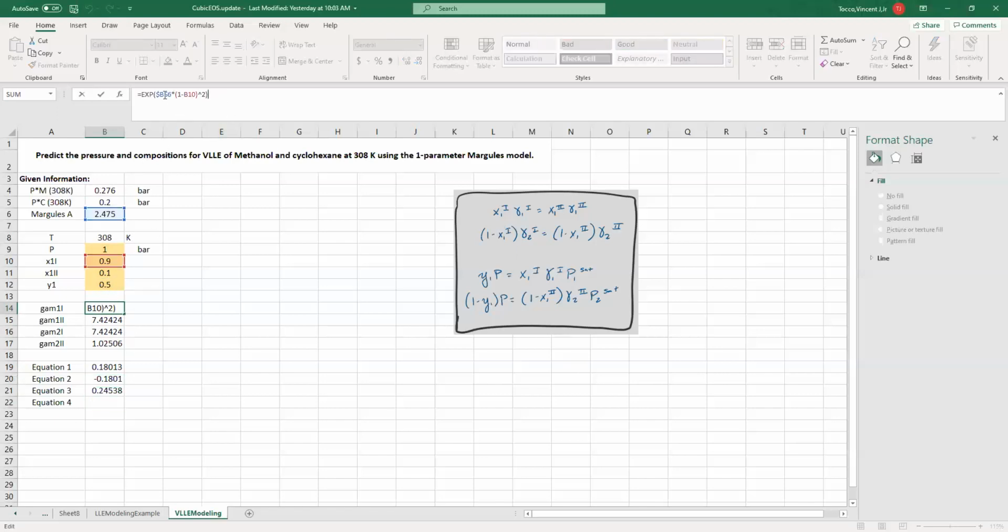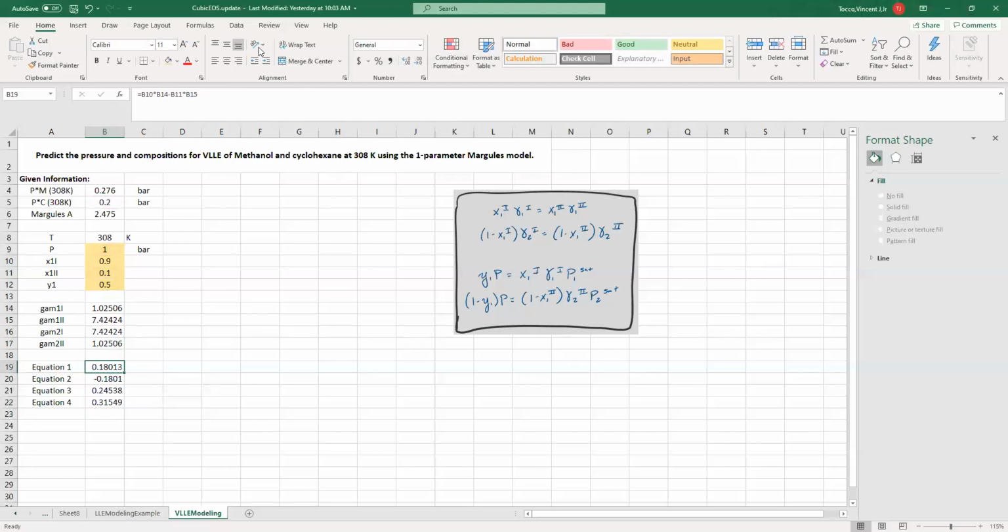I'm always dollar signing my Margules A. And equation 4 equals 1 minus y1 times P, minus 1 minus x1 of phase 2 times gamma 2 from phase 2 times the vapor pressure of component 2.